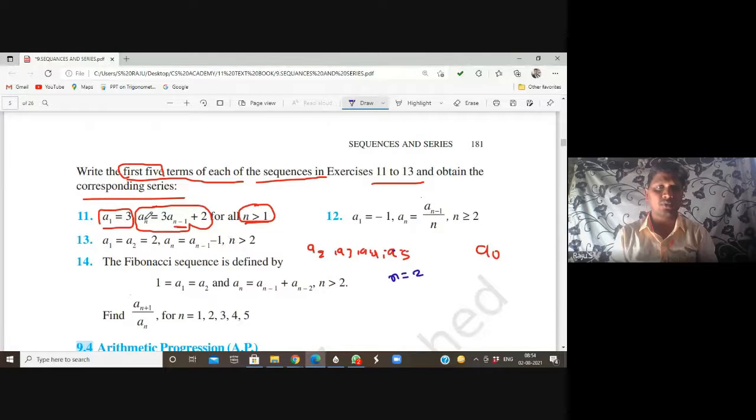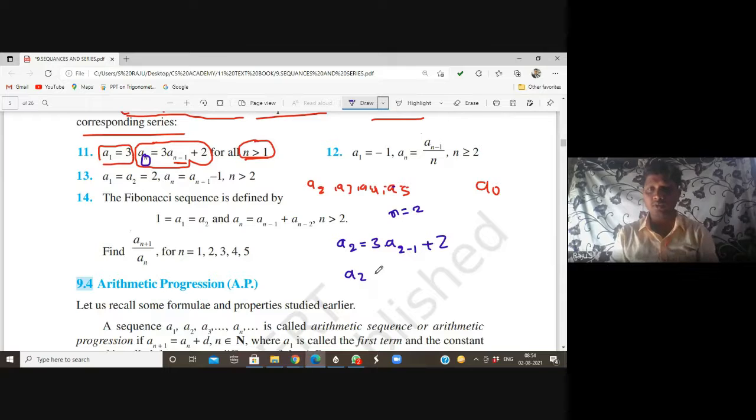When n is equal to 2, A2 is equal to 3 times A(2 minus 1) plus 2, nothing but A2 is equal to 3A1 plus 2. What is the A1 value? Already given, A1 is 3. So the second term becomes 3 into 3 plus 2, that is 11.